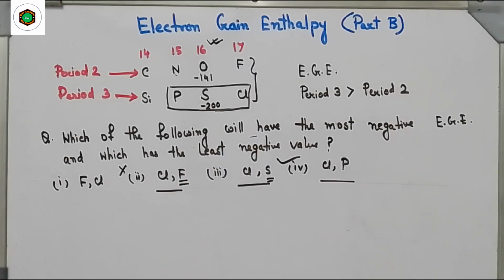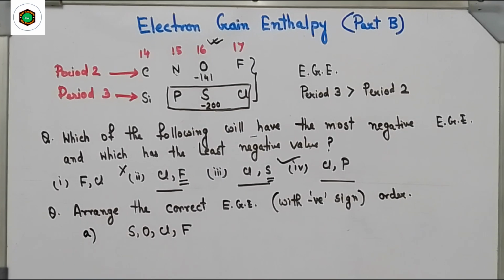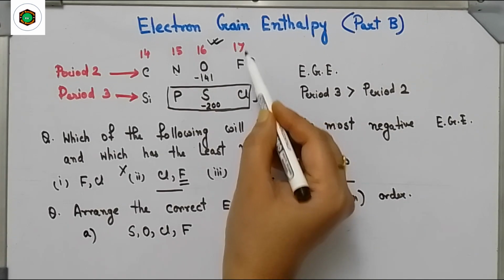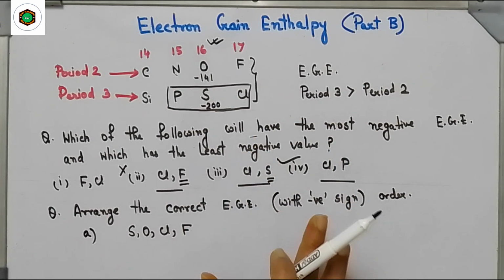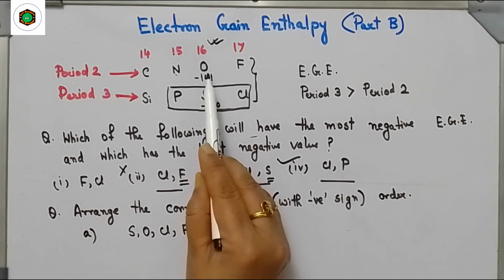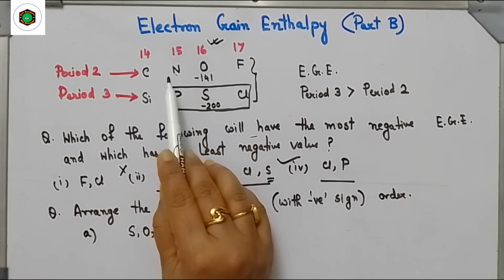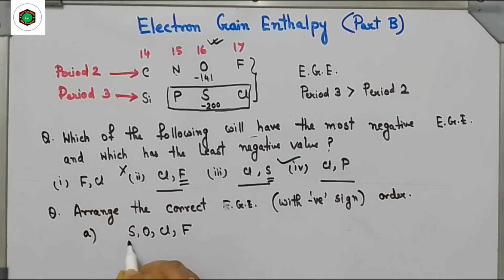This is very important. Now see, the next question is: arrange in the correct electron gain enthalpy order with negative sign. Now whatever I told you, group 17 elements have a higher negative value than group 16, and group 16 have a higher negative value than group 15. So these two are group 16 elements and these two are group 17 elements.